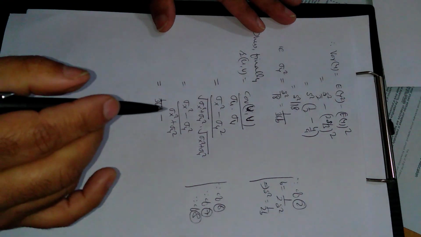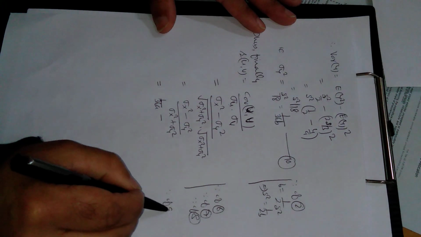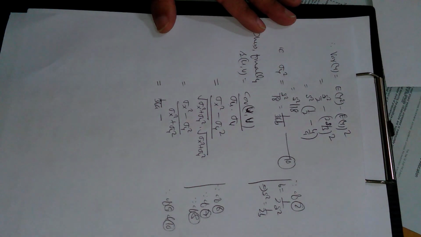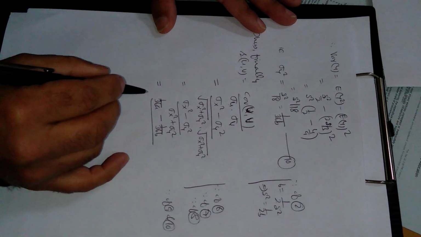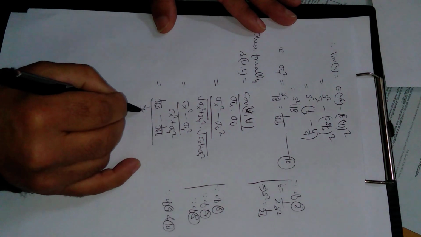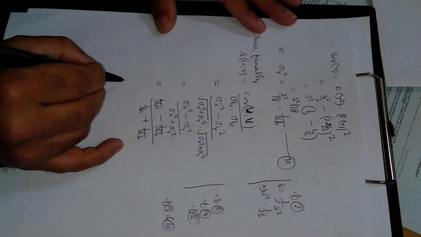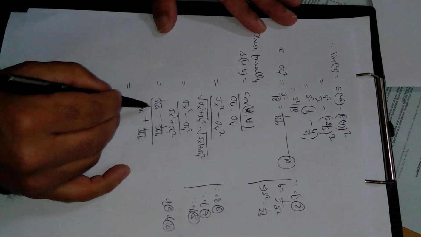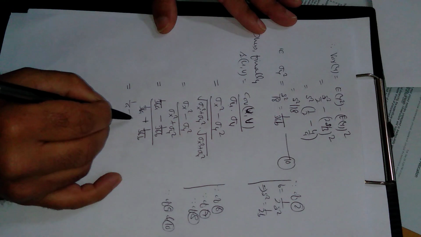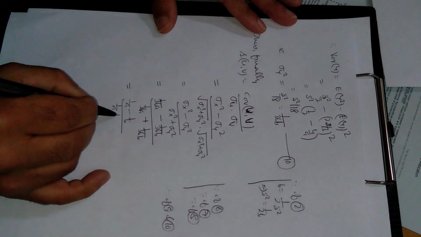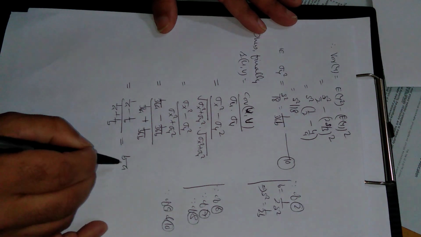Sigma y square is this one, let us call this equation number 10. Sigma y square is 1 upon 36 into b. Now simplifying it, 1 upon 36 cancels from both sides, so this will be 1 upon a minus 1 upon b divided by 1 upon a plus 1 upon b, which on simplification will give b minus a upon b plus a.